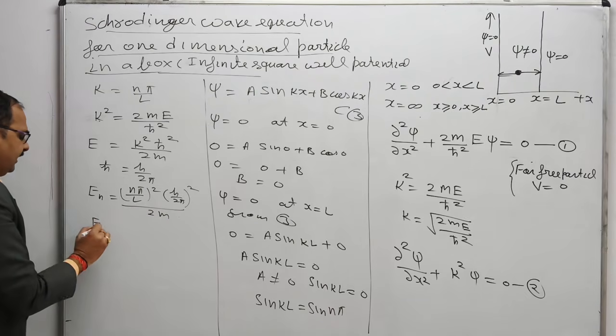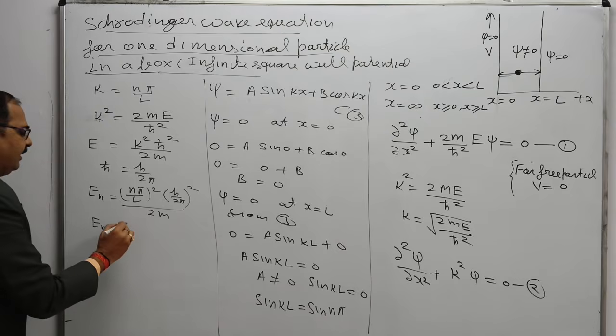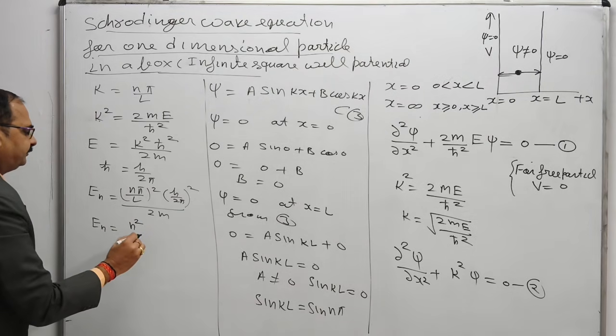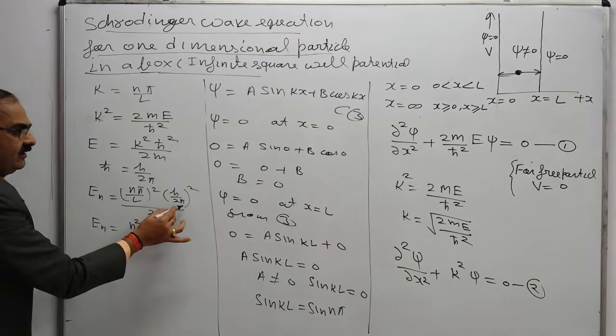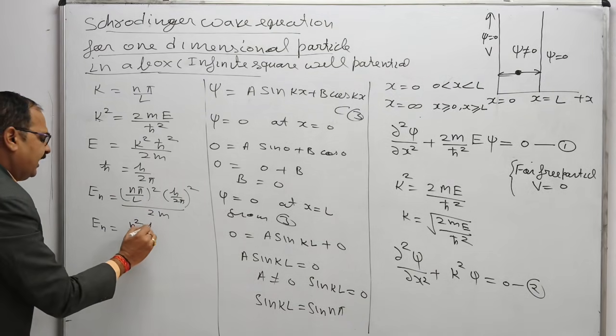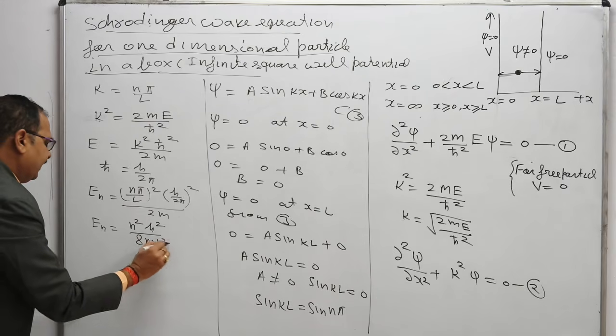Then the energy eigenvalue in the different energy levels is n square, and pi square is also cancelled, so E n is equal to n square h square upon 8 m L square.